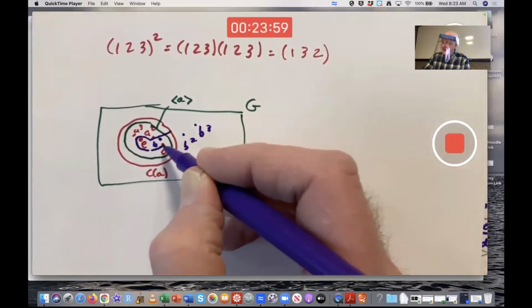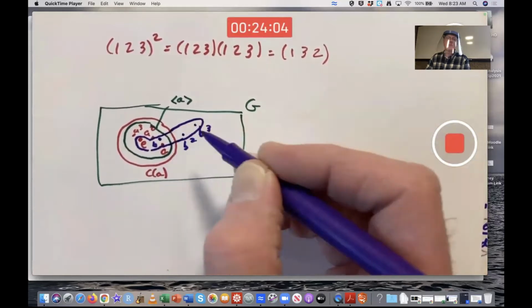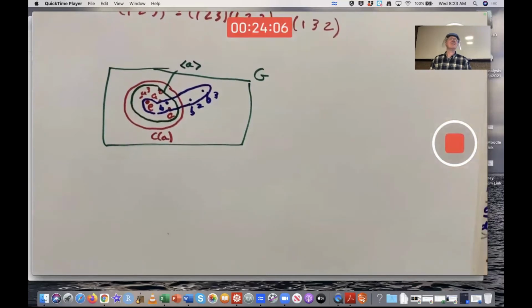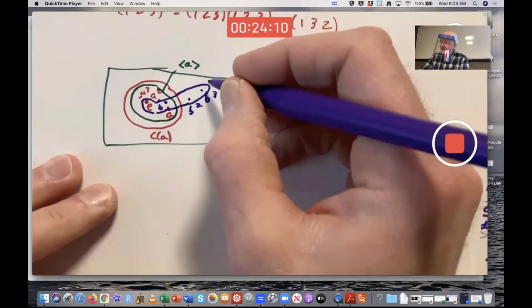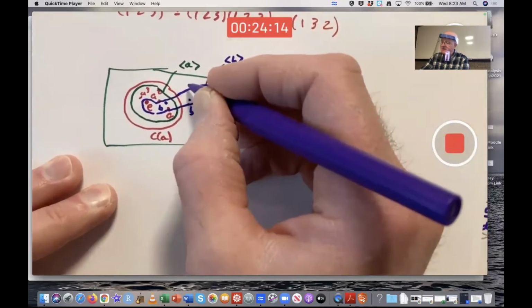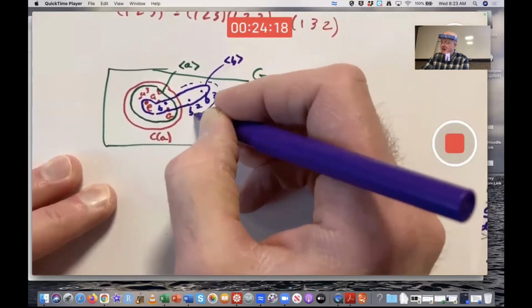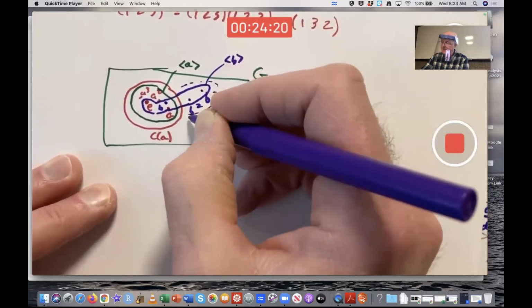You can't take this kind of picture too literally, but somewhat literally. So maybe this is the cyclic subgroup generated by B, and then the centralizer of B contains that. And it could contain some powers of A as well. It's possible. I drew it to contain A, but that may or may not be the case.